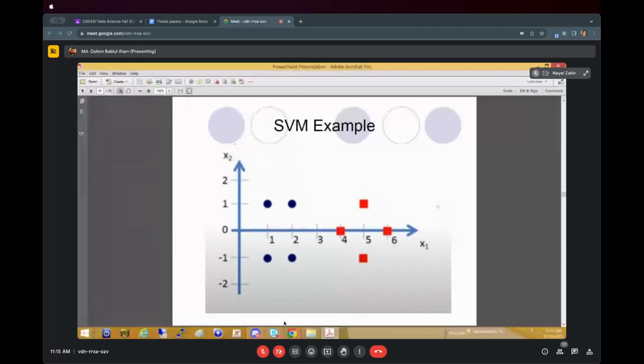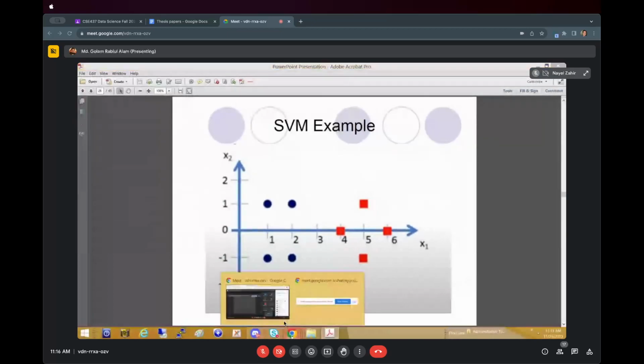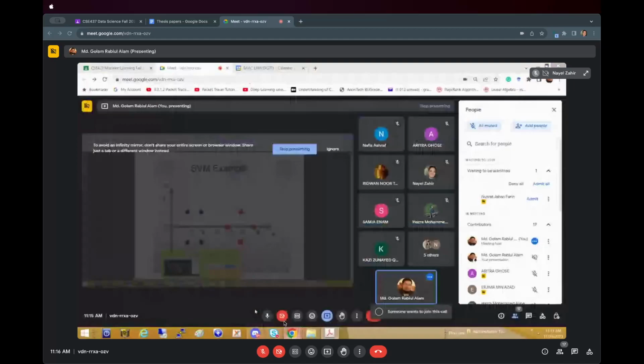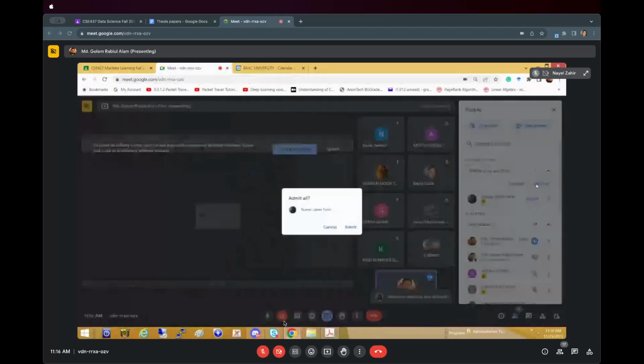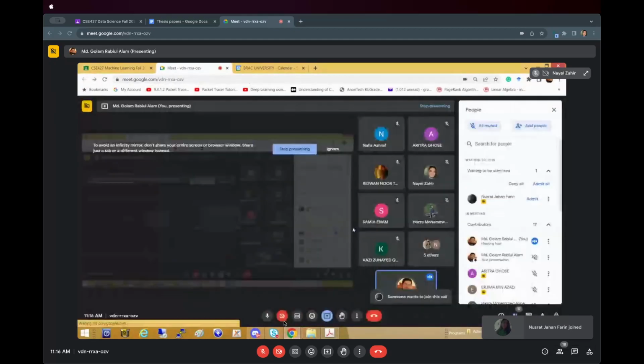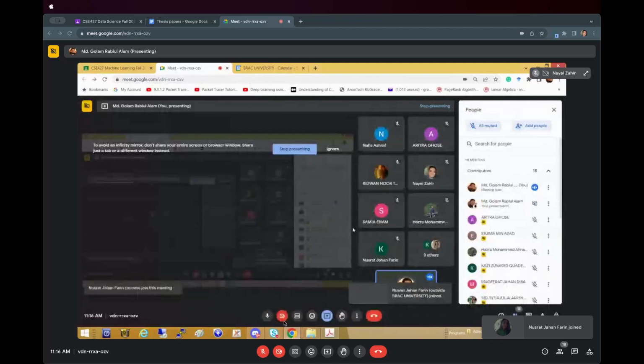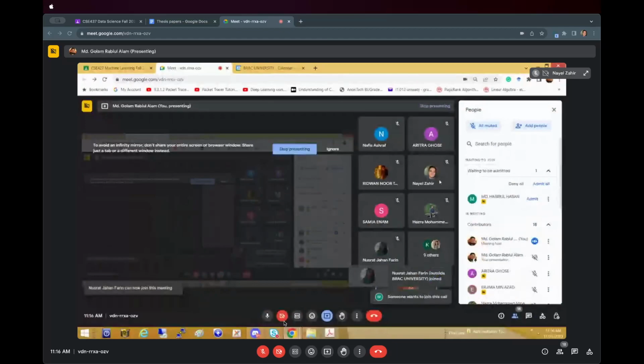So in our first lecture, we have discussed the different elements of support vector machine. What is a support vector, and why we call it support vector, and then what is a hyperplane and the equation of the hyperplane, and what is margin and how can we define the margin.